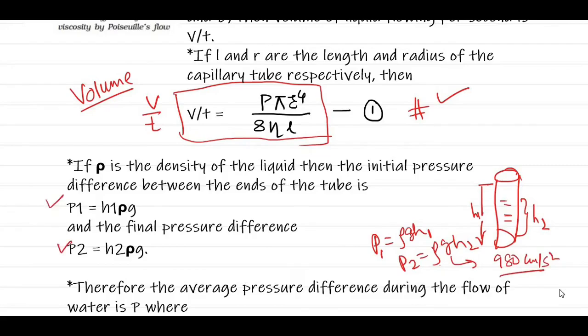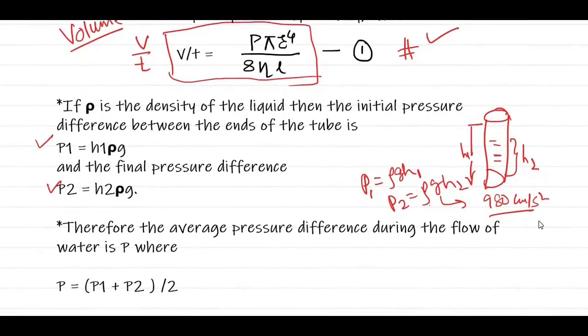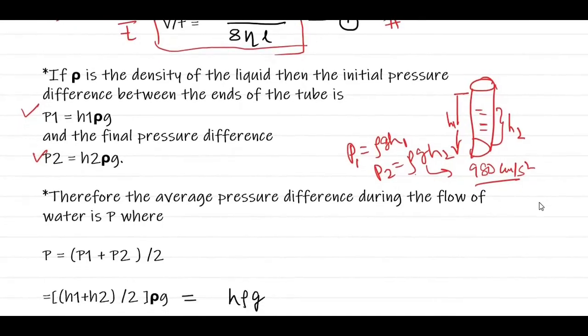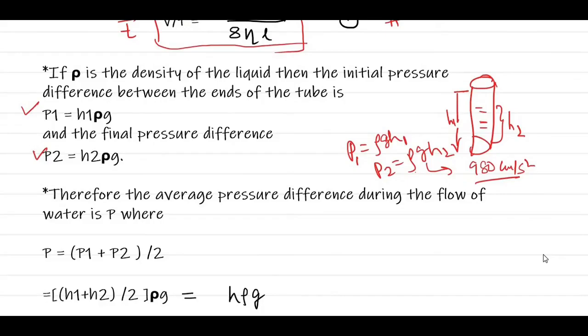Therefore we can find the average pressure. The average pressure between the ends of the capillary tube is P1 plus P2 divided by 2. Now if we substitute the P1 and P2 values, it is rho g h1 plus rho g h2 divided by 2.